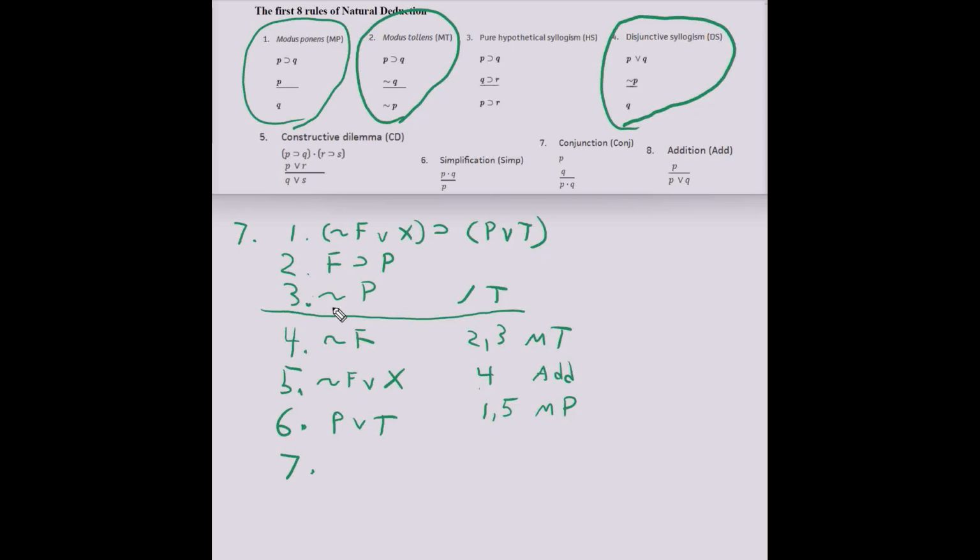And indeed at line 3 here, so I'm going to use line 3 and line 6, I have my not P, and that's going to allow me to conclude that T. Because either P or T is true, it's not the case that P is true, so it must be T that is true. And that's just the disjunctive syllogism. And so I've gotten the conclusion that I need, which was this T over here. I've derived it with valid inference rules. And so I have successfully proven that this is, in fact, a valid argument.